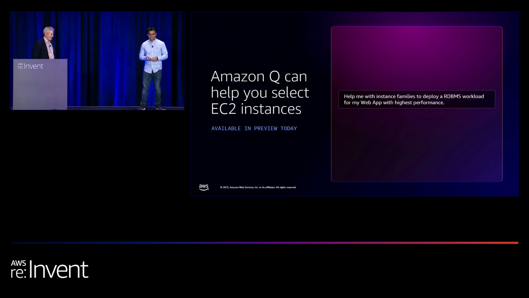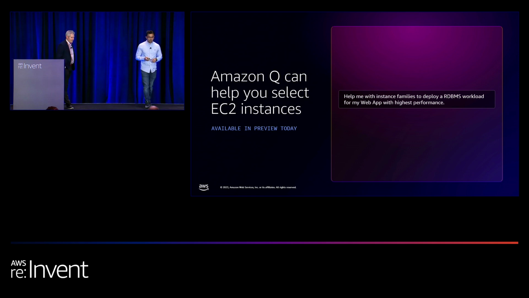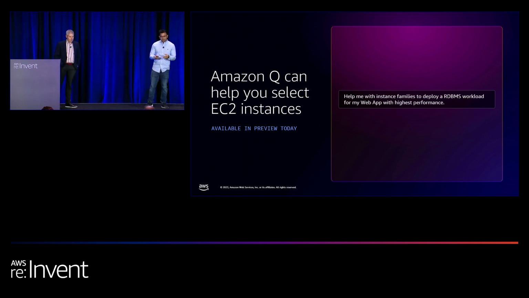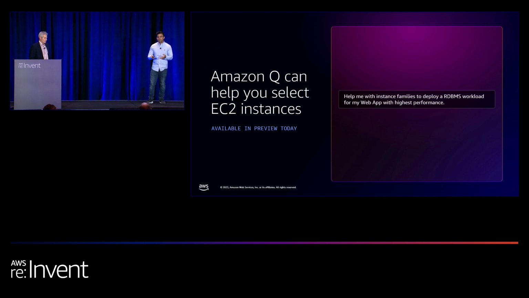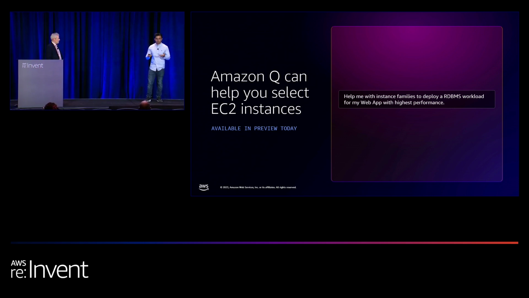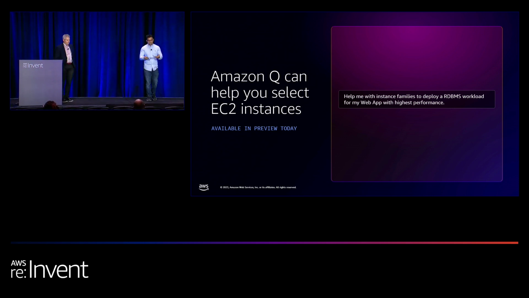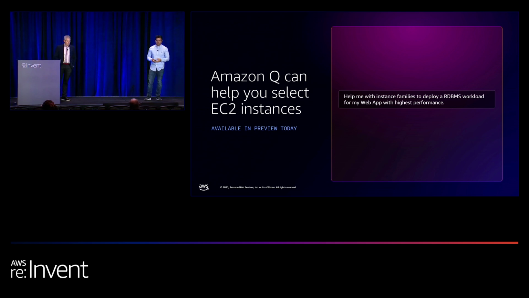Okay, cool. So let's quickly see how I, as a customer with a couple of use cases, can interact with Q and make the best out of it to get down to an instance selection for my workload. So I'm a customer, and I want to spin up an RDBMS workload for my web app.